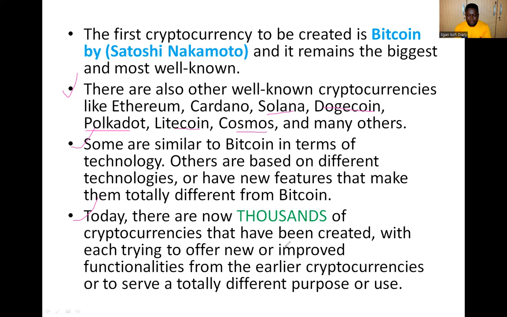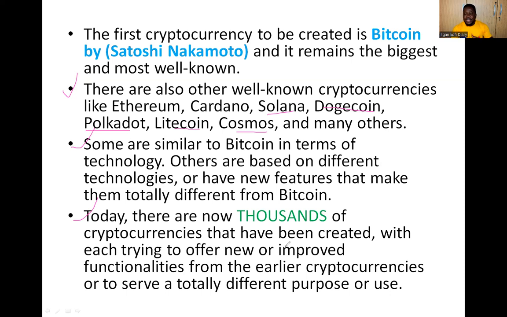If it will not last, if it will fall or crash out of the market, it depends on what the owner or the white paper says. The white paper is everything. So if you want to invest in any cryptocurrency, some people take the pain to look at what the white paper says.